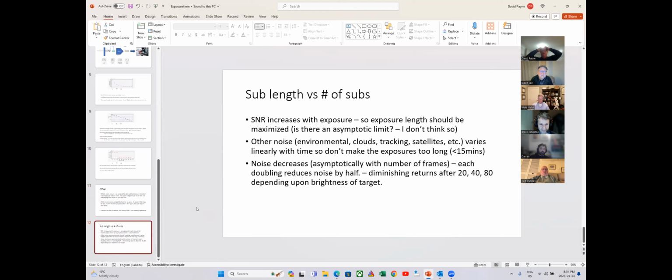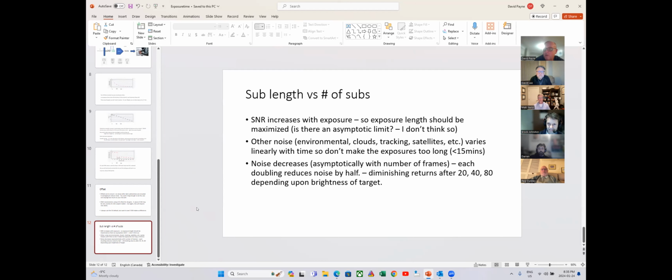So the last thing I wanted to touch on here is how long should your exposure time, or your subframe length, be versus the number of subs? They basically work in the same way. There's a little bit of resolution difference, but they both, if you increase the exposure time without clipping your data, will increase the signal to noise ratio the longer you expose.